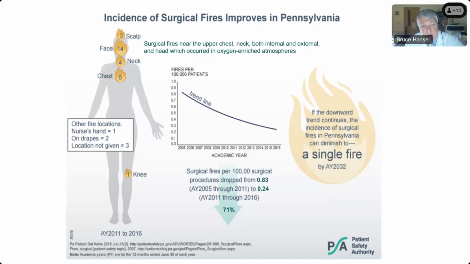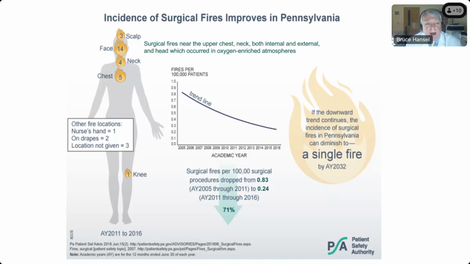So as you can see here, the data from Pennsylvania shows that most of these are above the nipple line, and most of those are on the face. A lot of these are cosmetic procedures where you're using the cautery just briefly, but that's all you need.